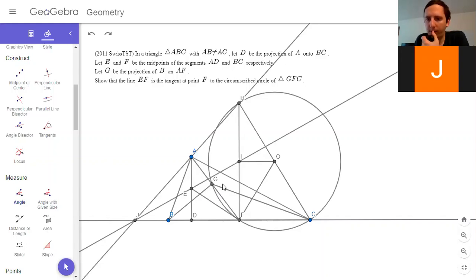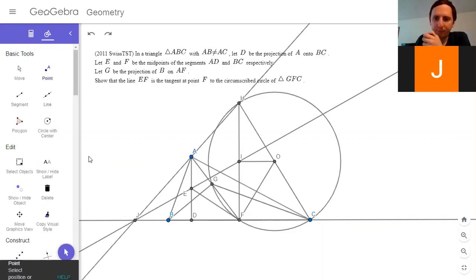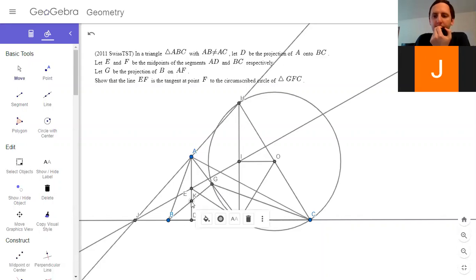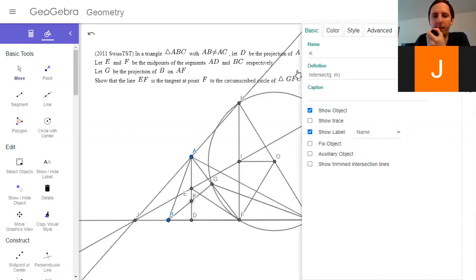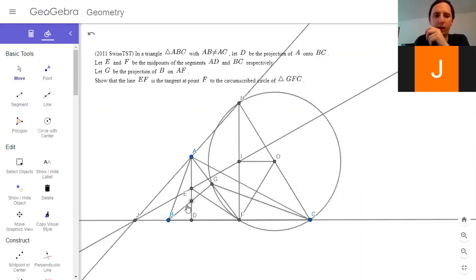If you call P the intersection of AD and BG, then BGPF is cyclic. That's true. Yeah, and in fact, P is the orthocenter of ABF. So yeah, but let's see it.